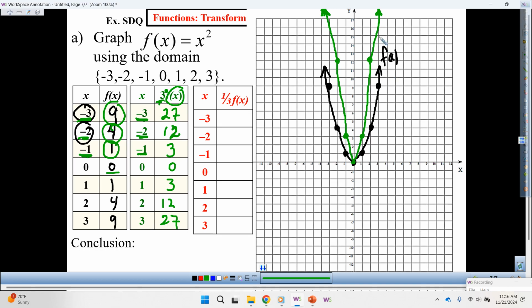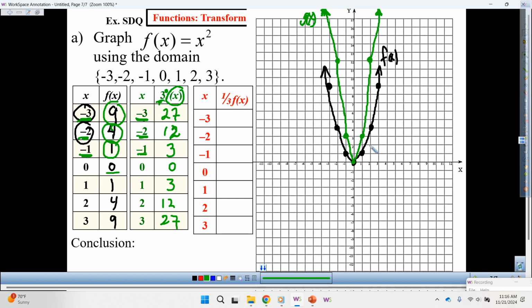I started with this original f of x. Let me label this one g of x. I started with the original f of x. There it is. And now we have a new parameter that appeared here in front of the f of x that's multiplying. So think about it.